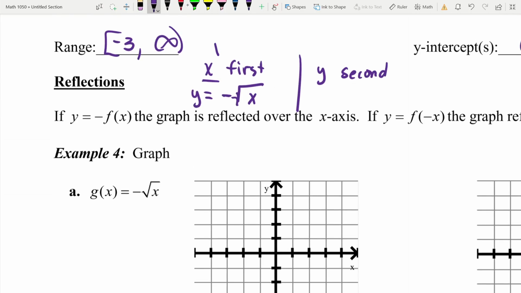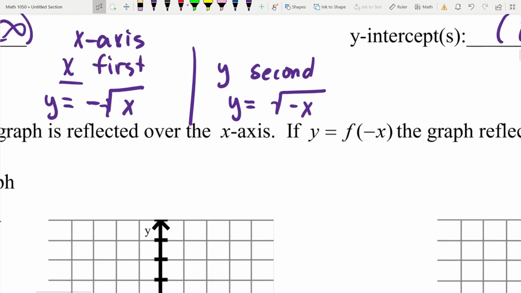So that is a reflection across the x-axis. If the negative does not come first, if it's inside, that's a reflection across the y-axis. So it's easy to see: if the negative's out in front, that's x. If it's inside, it's a y.